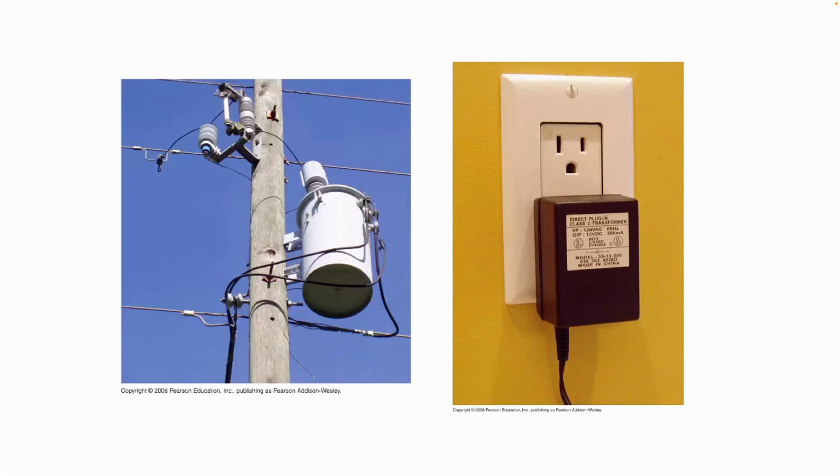Why would you want to do that? The answer is, spoiler, it's much more efficient to transmit electricity at high voltage, but that kind of electricity isn't terribly useful when you actually want to do electrical work.